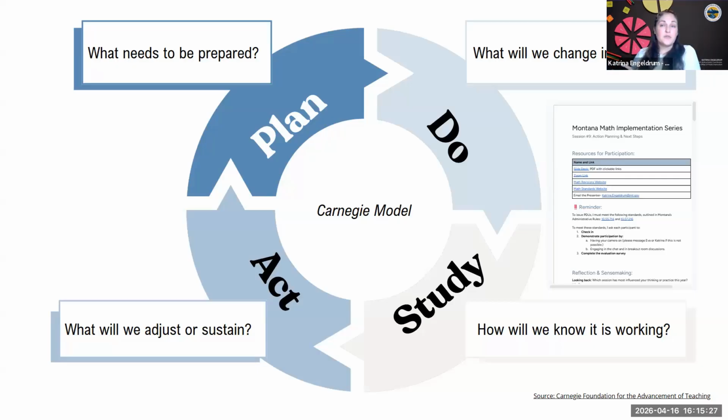And I would add too, maybe we have some kind of an implementation fidelity tool that we're going to use at the local level. Maybe we're sending out a survey to our teachers of, how closely did you stick with the curriculum or the resources that we provided, something like that, so that we could see that kind of a cross metric with that student data, right? Anything else that we would want to add to that component, the study component, before we move on to ACT?